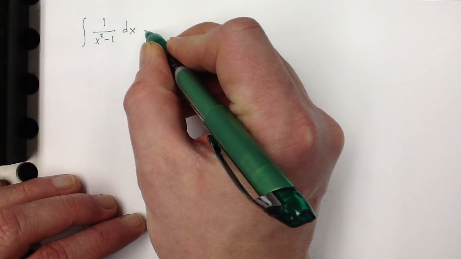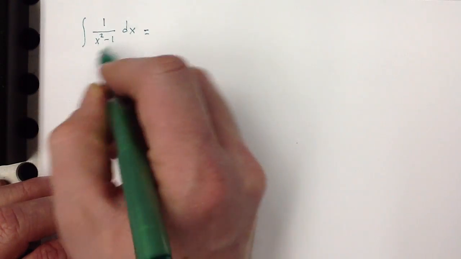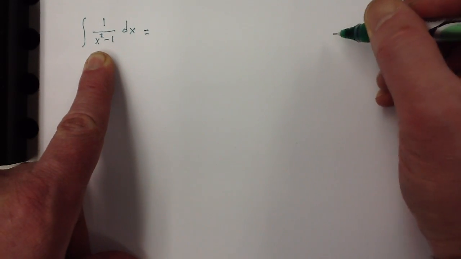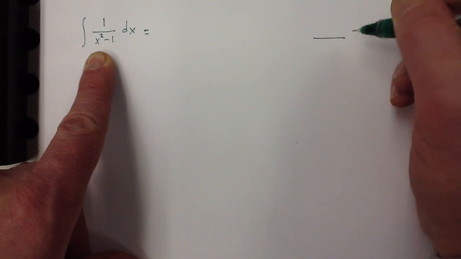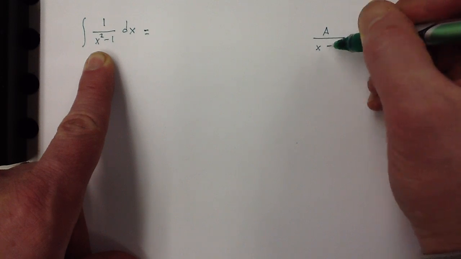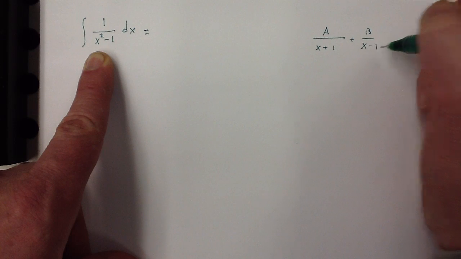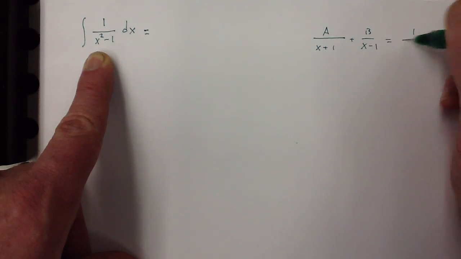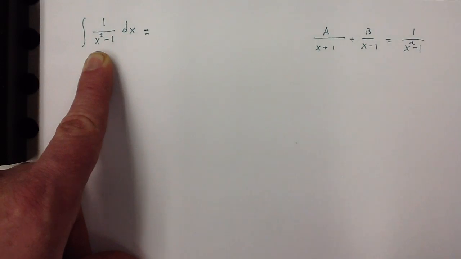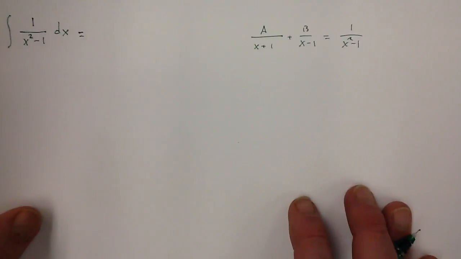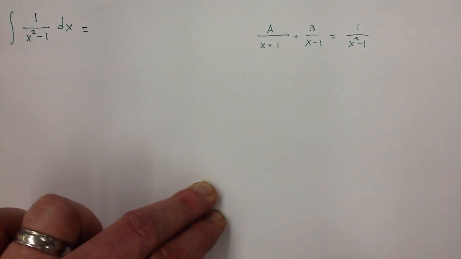Well, we would say here, sometimes just do this work off to the side. Say, let's see, that's a over x plus 1, b over x minus 1. Right, those are the two factors of the bottom.